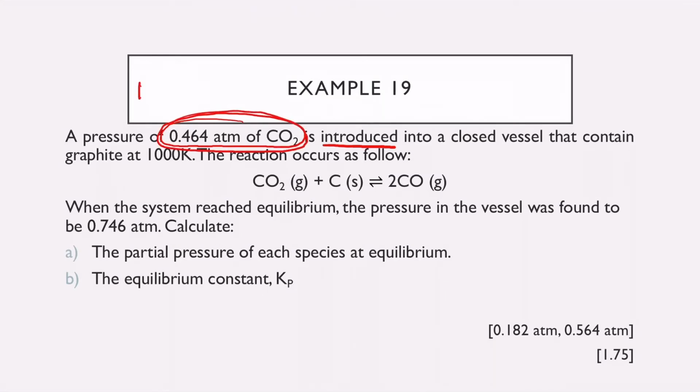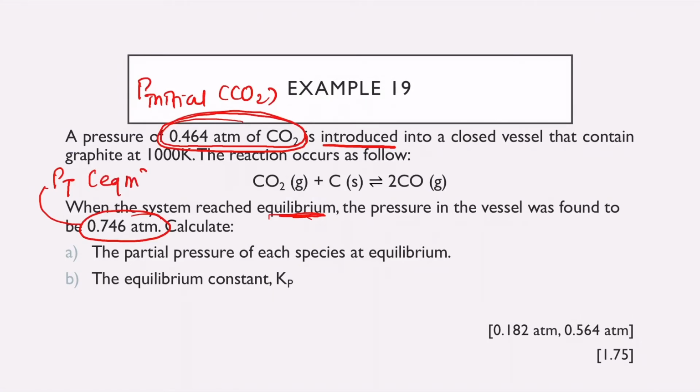That means that's the initial pressure for CO2. So, when the system reached equilibrium, ni dah equilibrium, the pressure in the vessel was found to be 0.746. So, this one is your total pressure at equilibrium. Okay. So, calculate the partial pressure of each species at equilibrium.